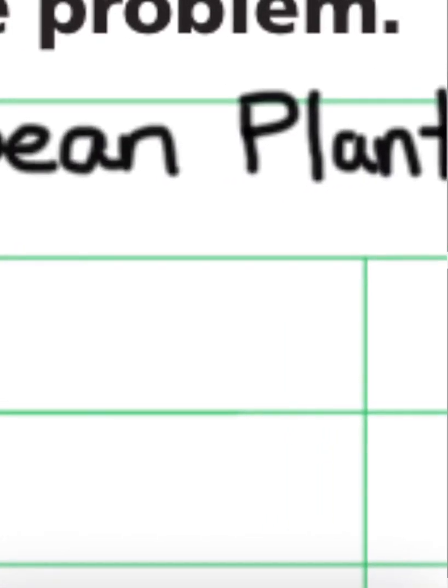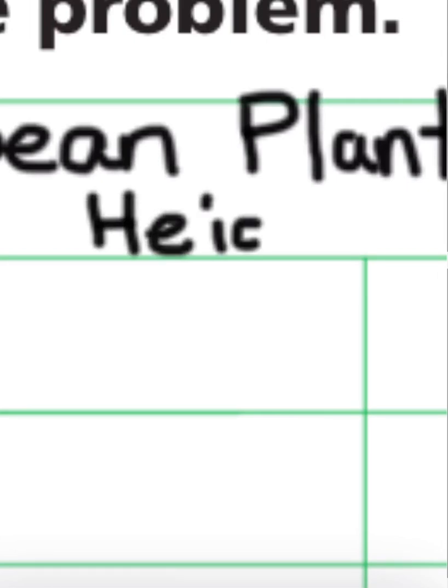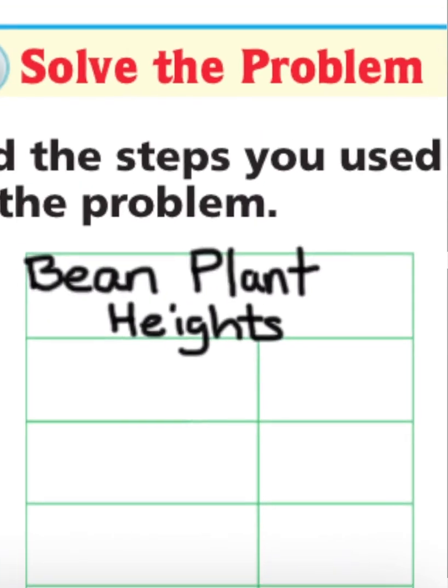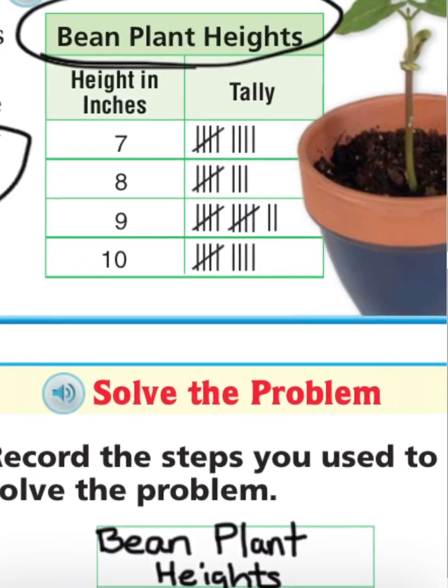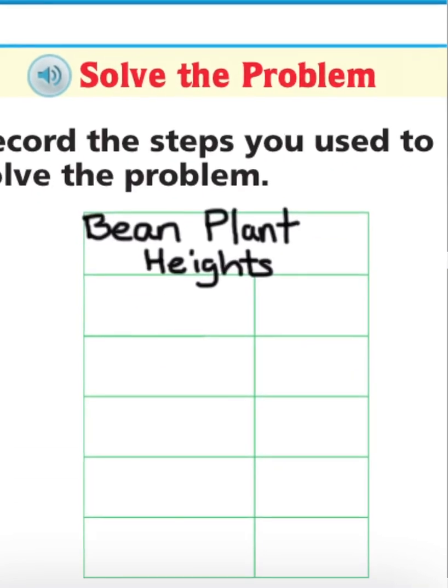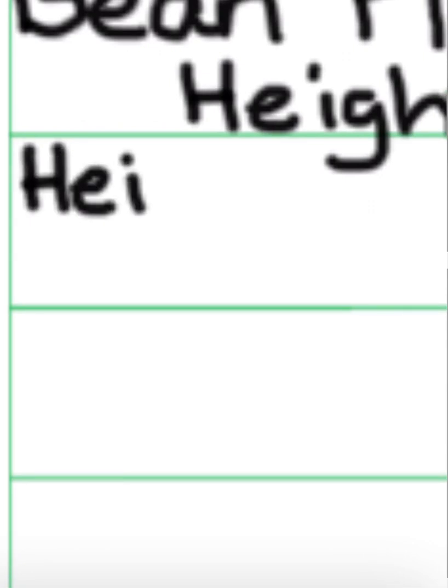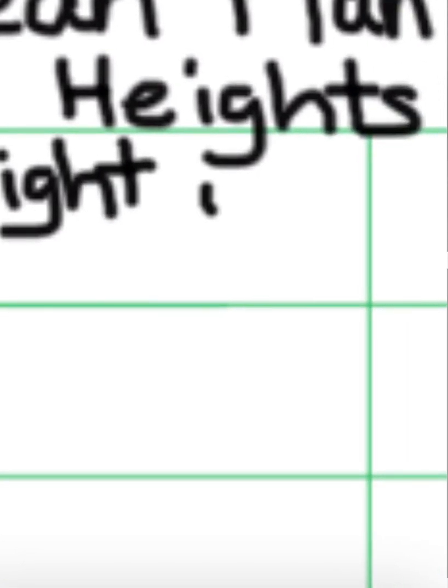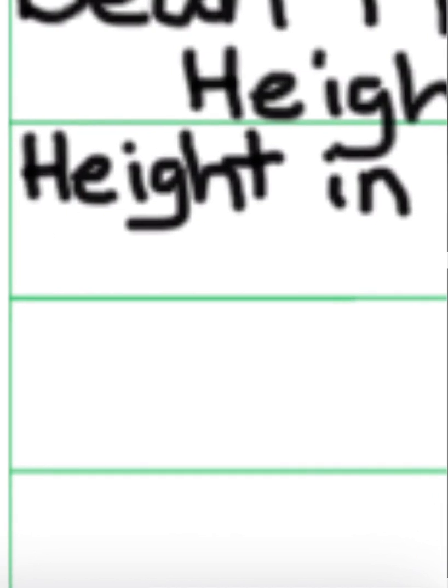No. Write it down here. Heights. So the title stays the same. Bean plant heights. Okay. Then the heading for this column stays the same. Height in inches.